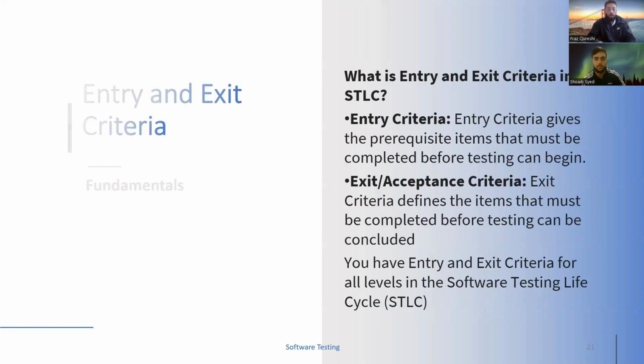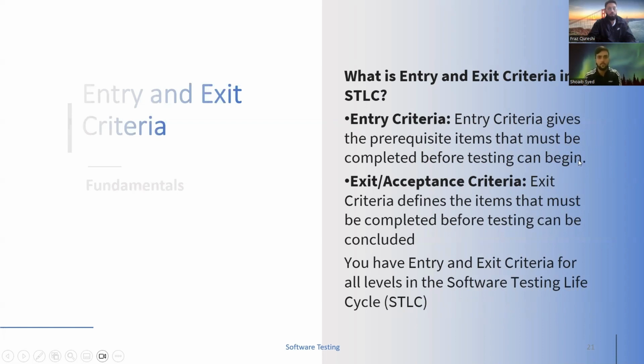Now, one last thing that we should look at is the acceptance criteria, or in other words, entry criteria and exit criteria. The entry criteria give prerequisite items that must be completed before testing can begin.